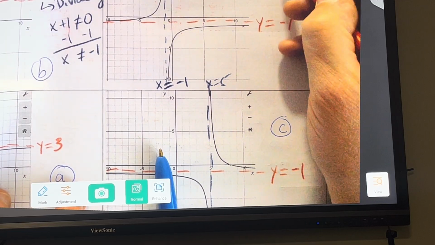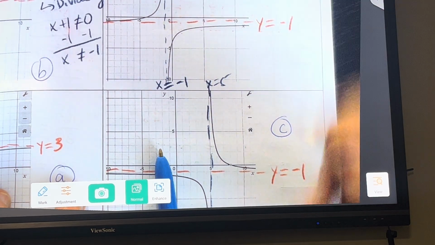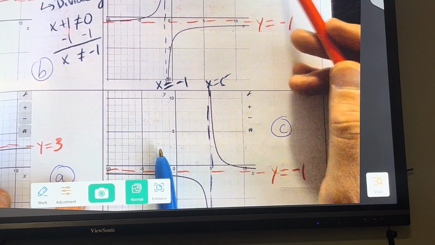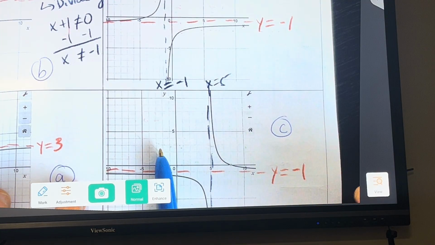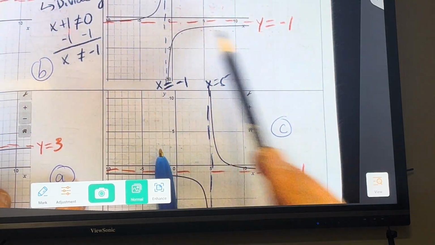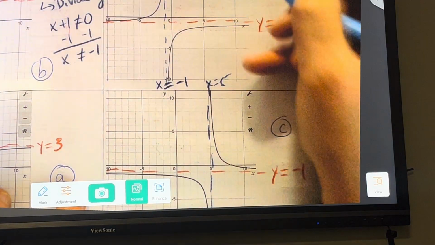Negative 2 plus 1 is negative 1. So again, at y equal negative 1, we'll have an asymptote. And we said it at x equal negative 1. So x equal negative 1 is here, never touched. Y equals negative 1 is here, never touched. So this is answer choice D.